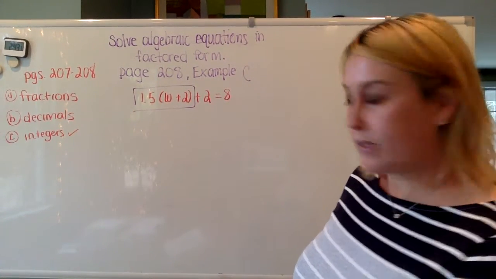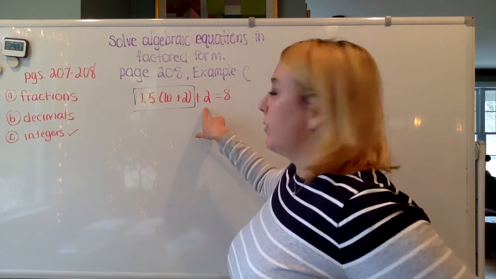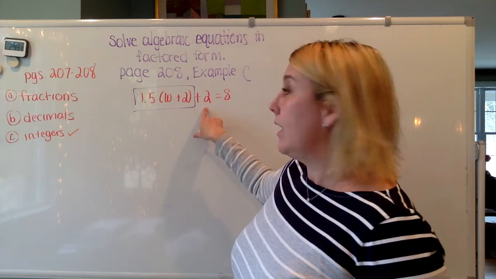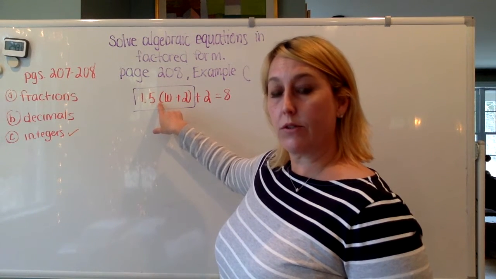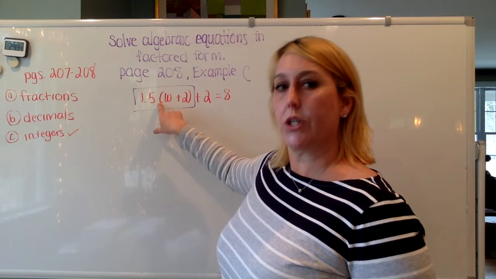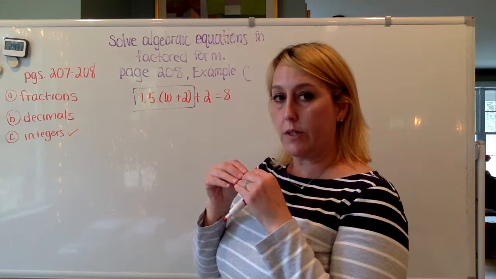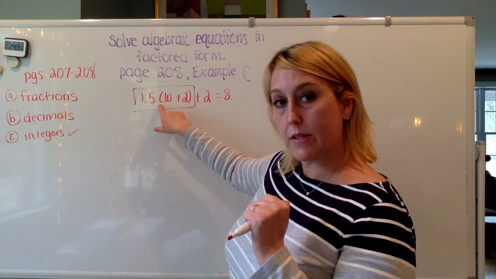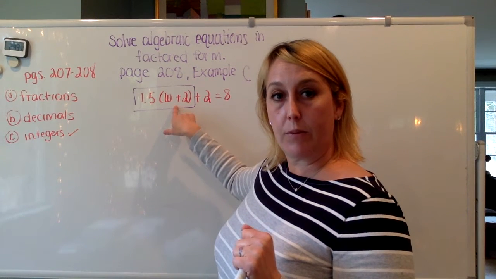The common misconception might be thinking that 1.5 is distributed to that positive 2, but that is not correct, right? This 1.5 is directly next to the parentheses. So the implied multiplication, implied meaning there's not a times sign, you're supposed to just understand. When a number is written directly next to parentheses, it means it is multiplied by the terms inside the parentheses.